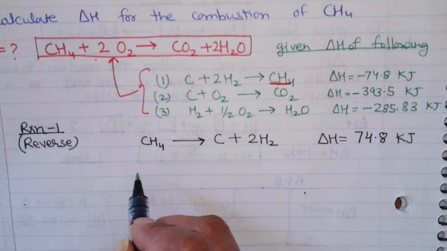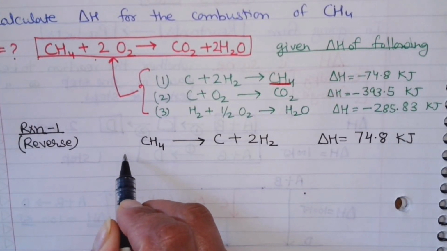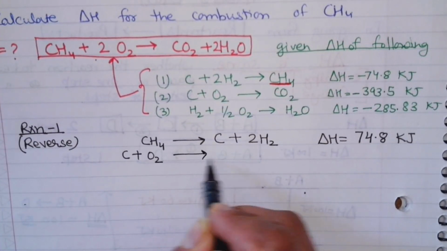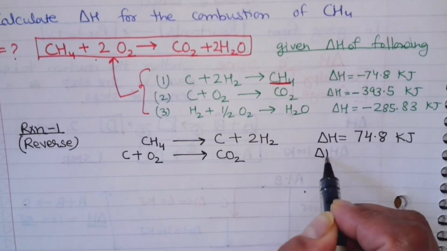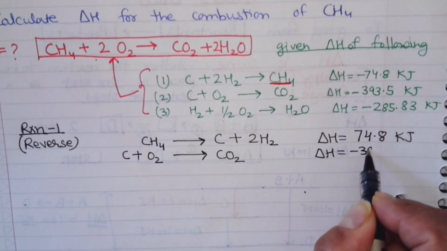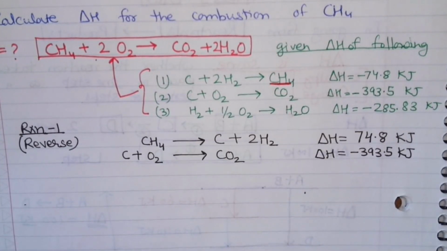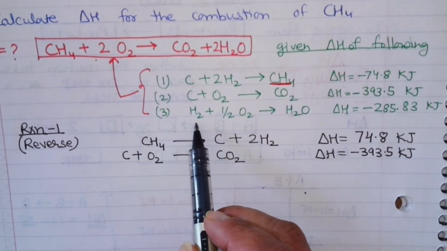I'm just going to write reaction 2 as is. So my reaction 2 is C plus O2, and that makes CO2. Delta H stays the same, which is negative 393.5 kilojoules, right?